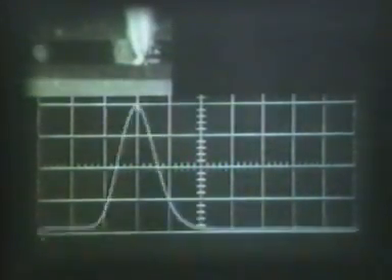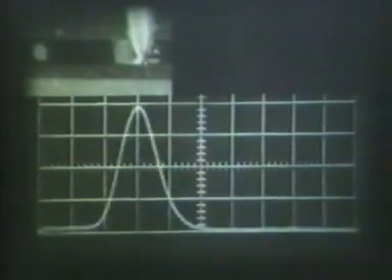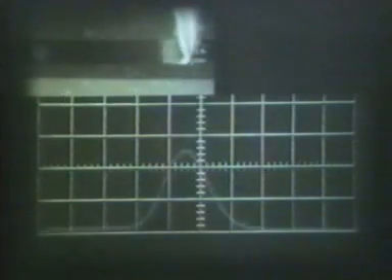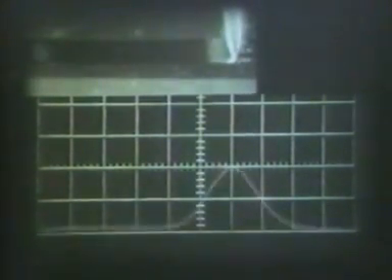Now, as the detector moves away from the light spot, we can also watch the movement of the pulse. The two movements are synchronized, indicating that time and distance are directly proportional. Thus, the drift velocity of the holes is constant.